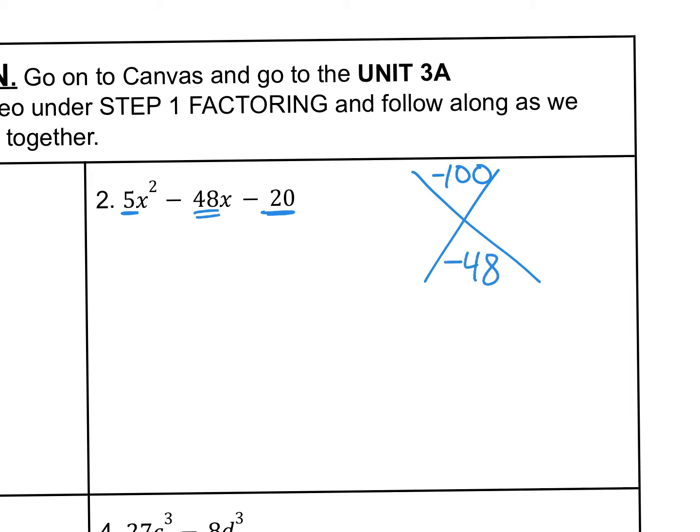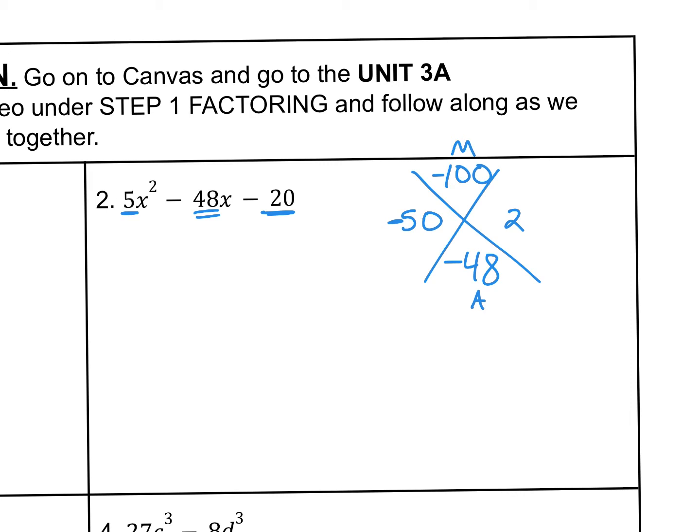Now we want to think about two numbers that will multiply to negative 100 and add to negative 48. If we struggle with this, we type negative 100 into our calculator and start dividing it by stuff. You should end up seeing, hey, 50 and 2. I can manipulate those numbers to multiply to a negative 100 and add to a negative 48 by making the 50 negative and keeping the 2 positive.